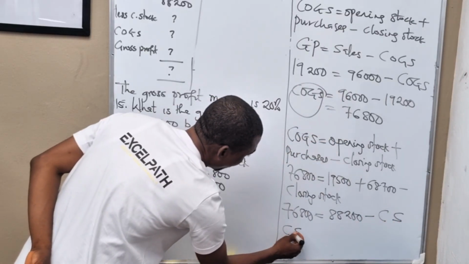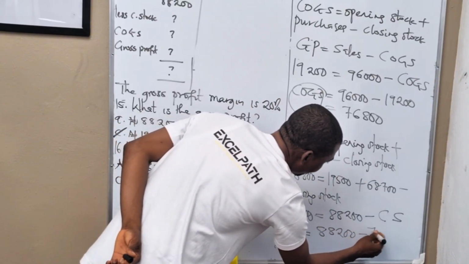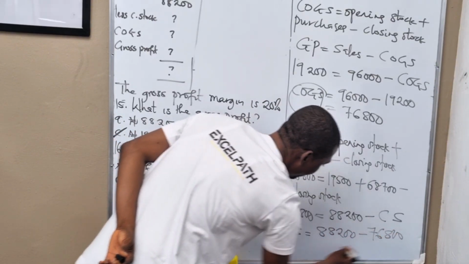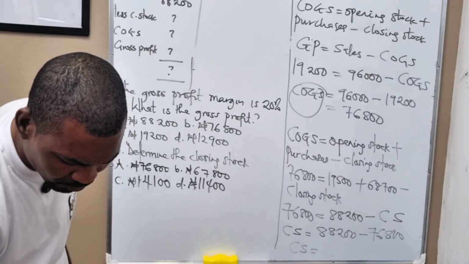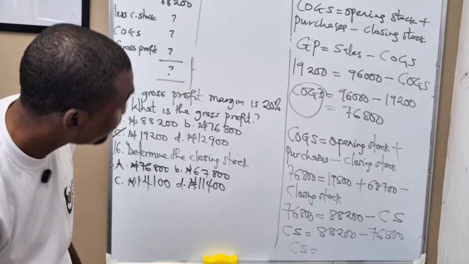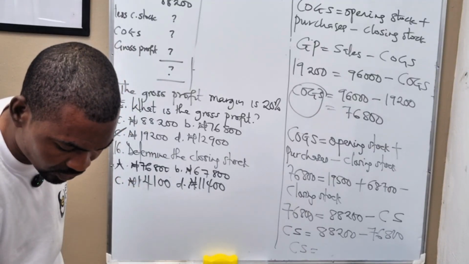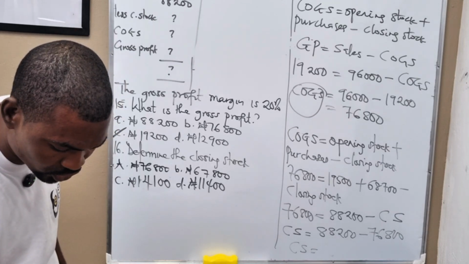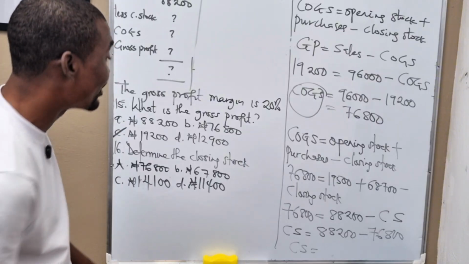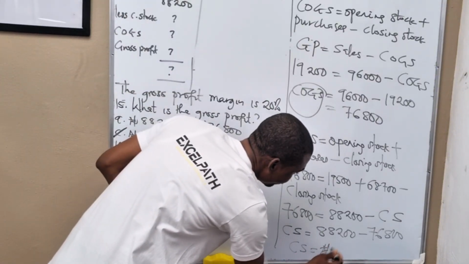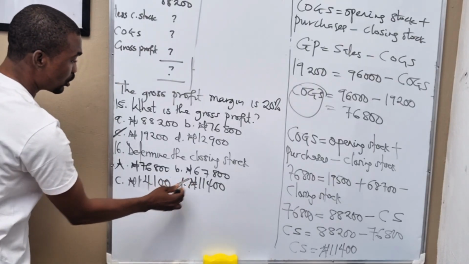So our closing stock will be 88,200 minus 76,800. So our answer is 11,400. The correct option is option D.